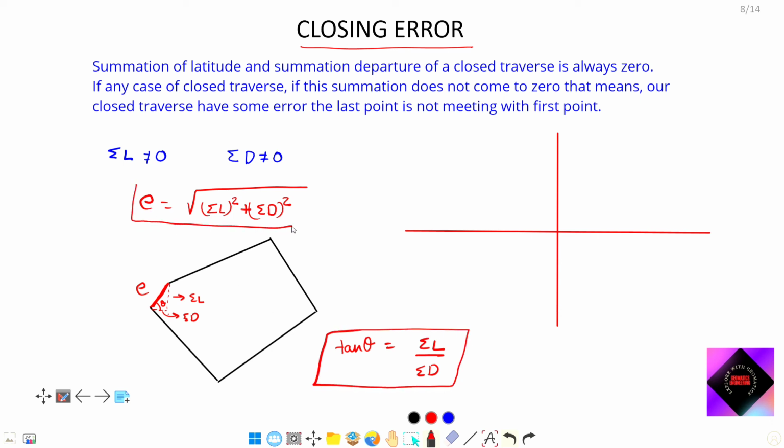So just keep in mind that the magnitude of closing error is this, and the direction is this. So in this way we calculate closing error. In traversing, closing error plays a very important role. It tells us whether your traversing is wrong or right. And there are also several methods for removing closing error. We will see them.